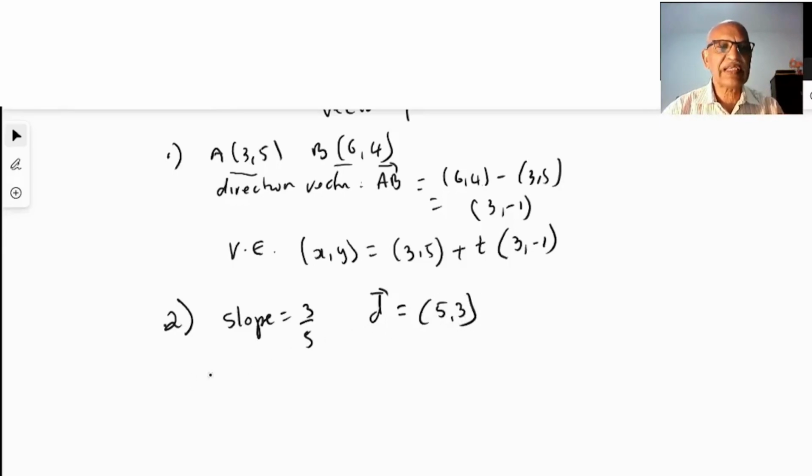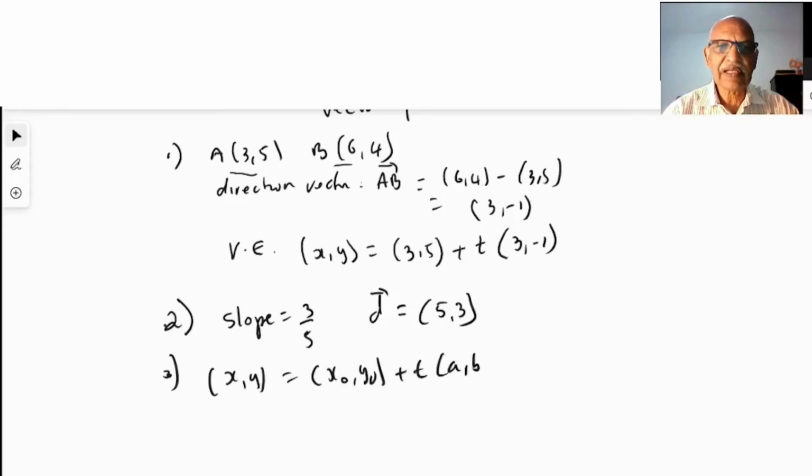Okay, so let's see another format of an equation: the symmetric equation. We had the vector equation (x, y) equal to (x0, y0) plus t times (a, b).